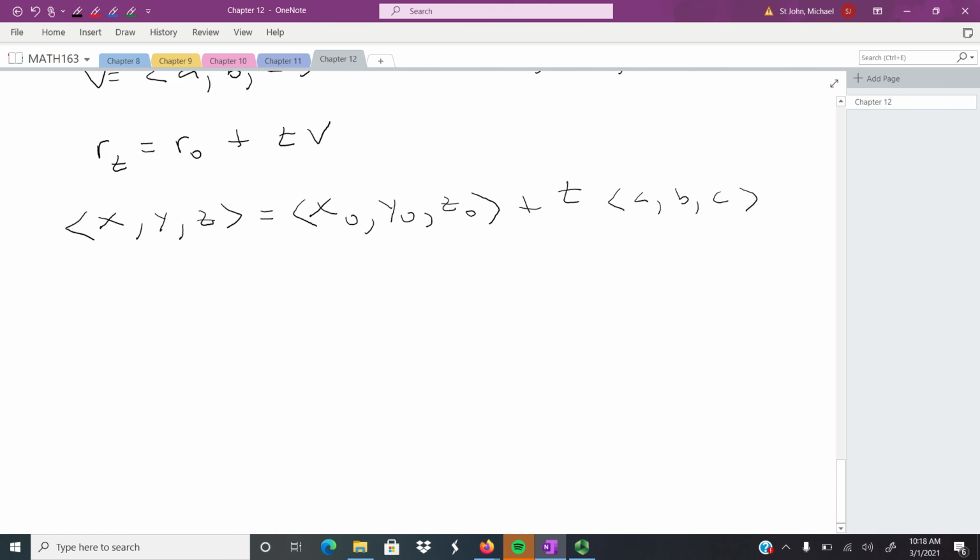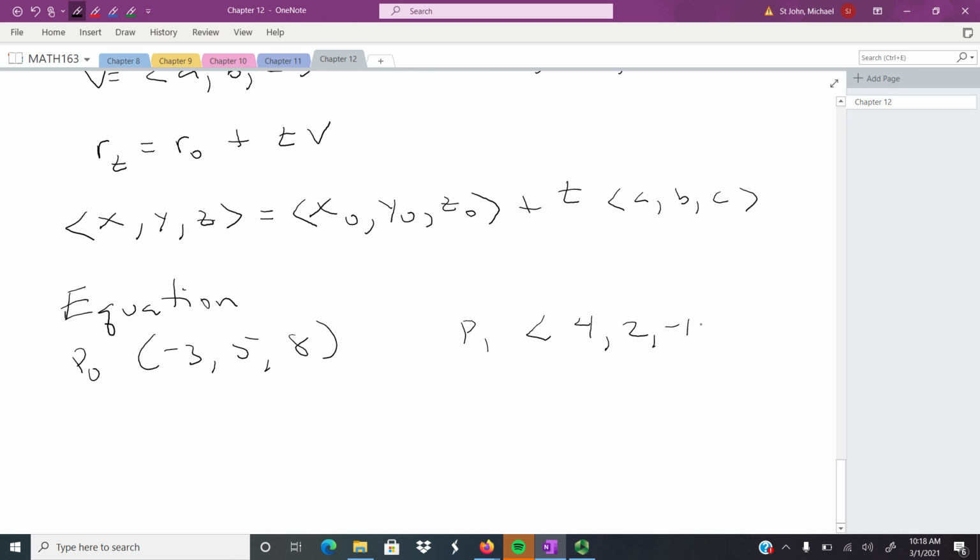So let's look at an example. So we want the equation. So we have P naught minus 3, 5, 8, and P1 is 4, 2, minus 1.